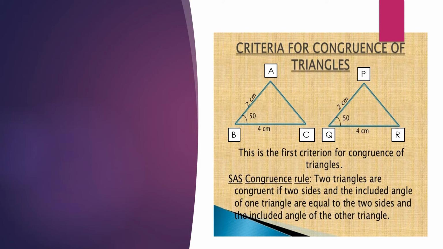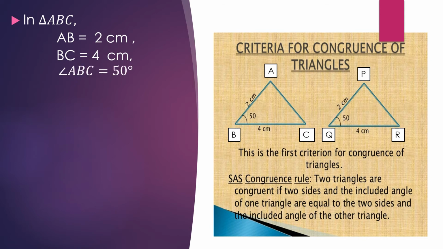Now to understand this, first we draw triangle ABC and triangle PQR. In triangle ABC, we are given side AB which is 2 centimeter and side BC which is 4 centimeter, and angle ABC is 50 degree.